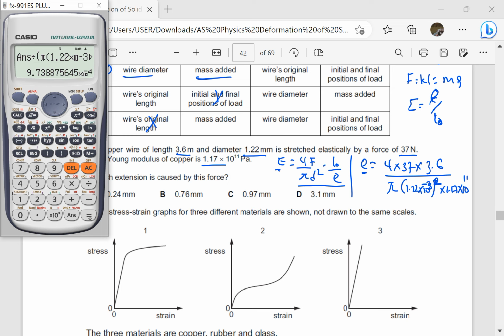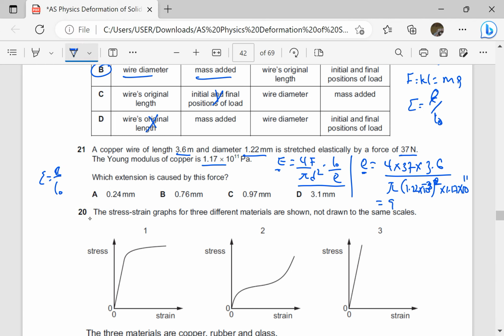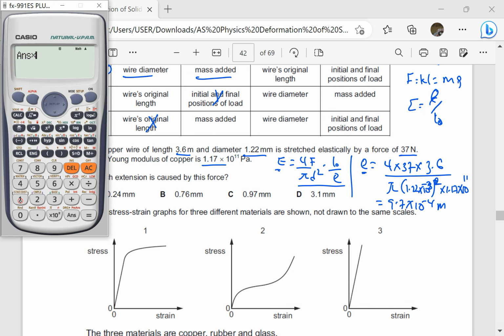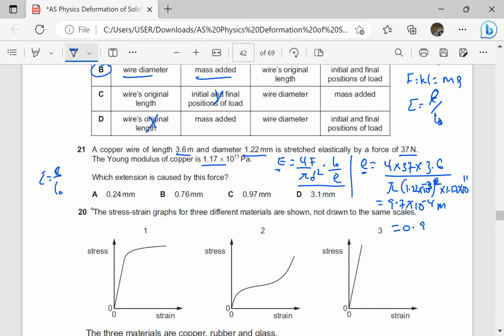So I close that bracket. So this is giving me 9.7 times 10 power negative 4 in meters. The answers are in millimeters, so I'll multiply this by 1,000, which is 0.97. So the answer is going to be C.